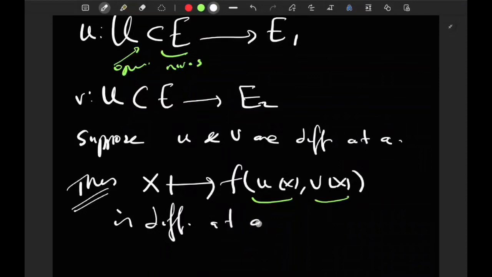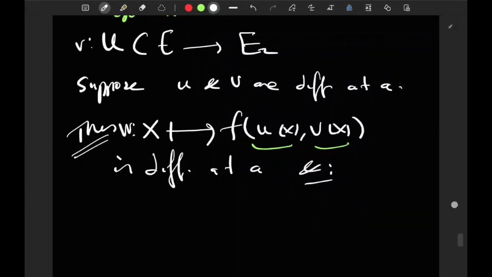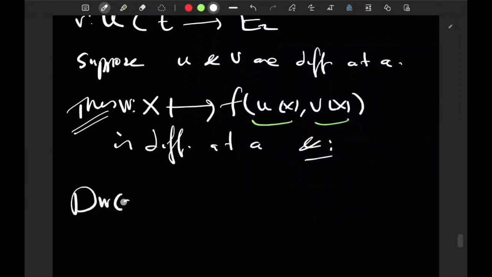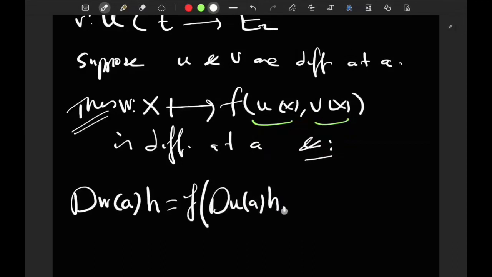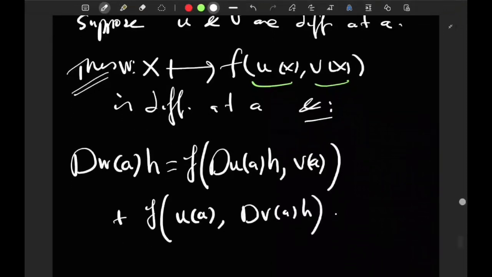And its derivative, so let's call this map W, just as Cartan calls it, dW at a applied to h is the same as f of du at a applied to h, comma, v of a, plus f of u of a, dv at a applied to h.